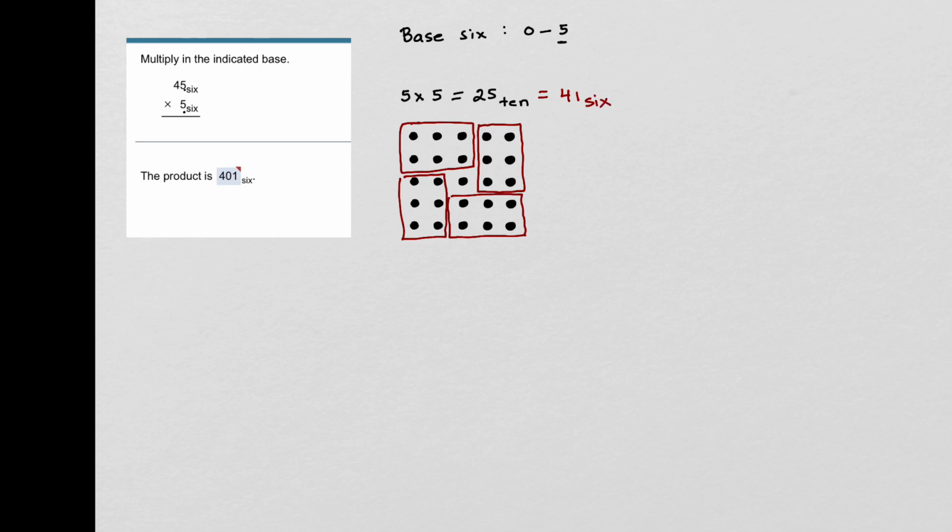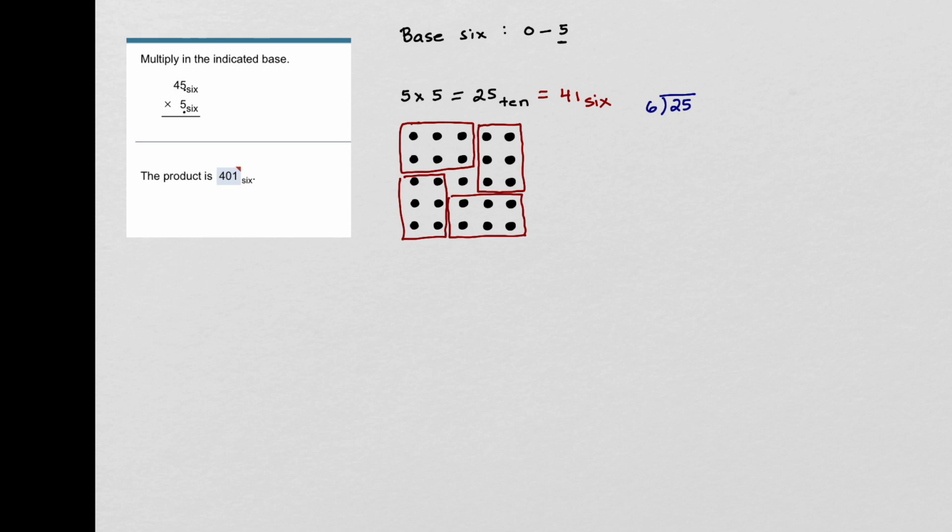So in this case, it's not terribly difficult to draw this out. It takes a little bit of time, but it's not the most convenient way. So how do I come up with 4 groups of 6 and 1 left over from our regular multiplication? What I can do is take that 25 and divide it by 6.